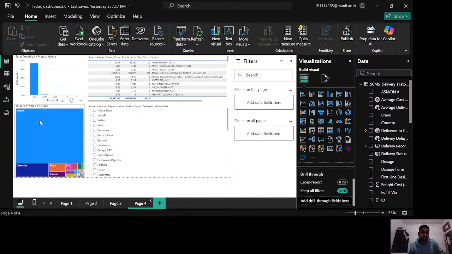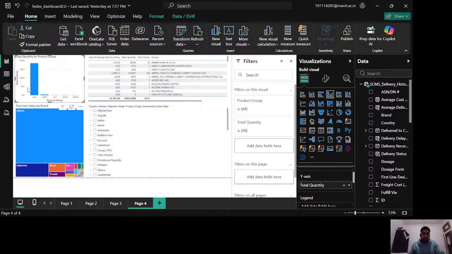Now moving on to our next visual, we have total quantity by product group. We have the ARV group, which has a very high total quantity. Then we have HRDT, very low, and very low for ACT, ANTM and MRDT.